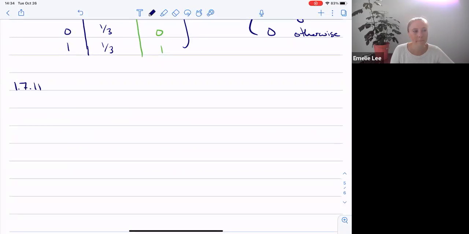1.7.11. I said no graphs needed, and that applies to all of these. If you find that how you answer the question is easier with a graph, then of course you can include it, but I never want you to feel like you have to hand draw a graph. That's crazy talk. So you don't have to include graphs.